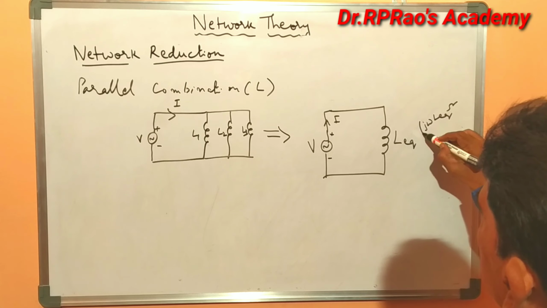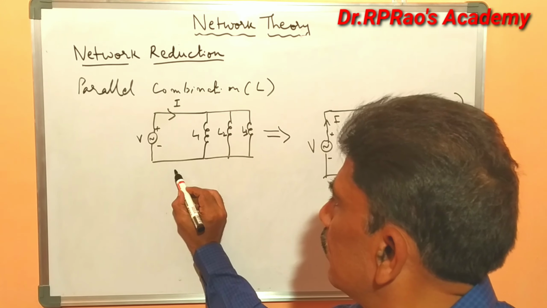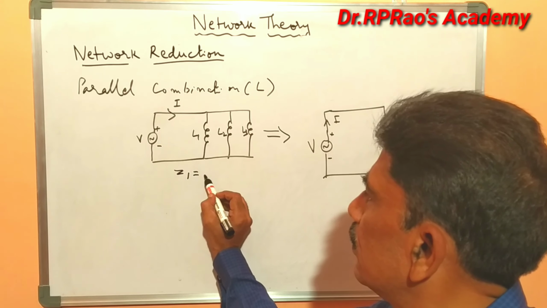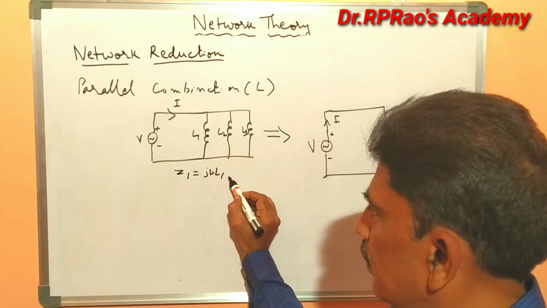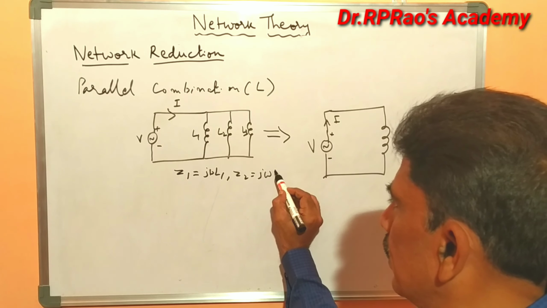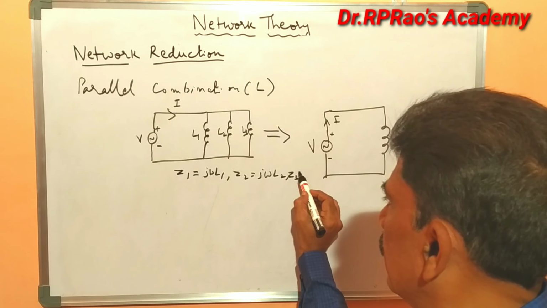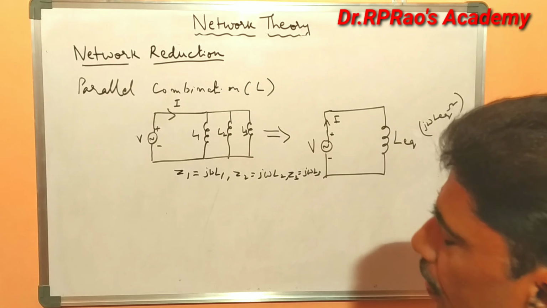So its impedance is j omega L equivalent. And Z1 is equal to j omega L1, Z2 is equal to j omega L2, and Z3 is equal to j omega L3.